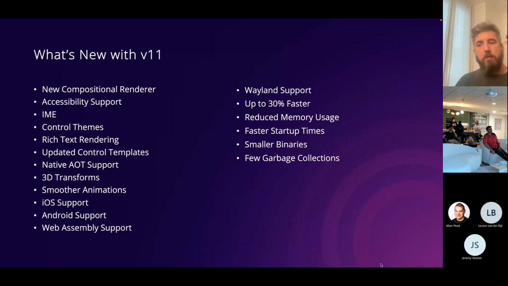So we've created our own bindings to Skia, which uses the latest version of Skia, and we've created an approach that enables us to get even more performance out of it because we can focus on the hot paths that are specific for Avalonia. So we've seen significant performance increase in that.